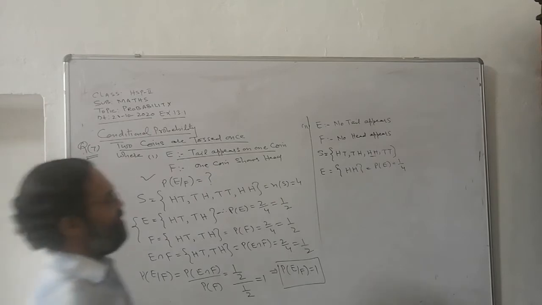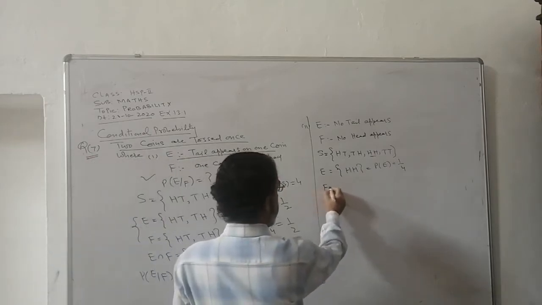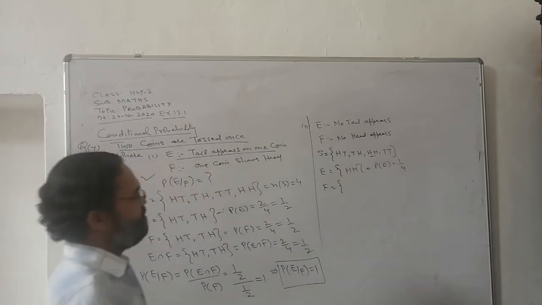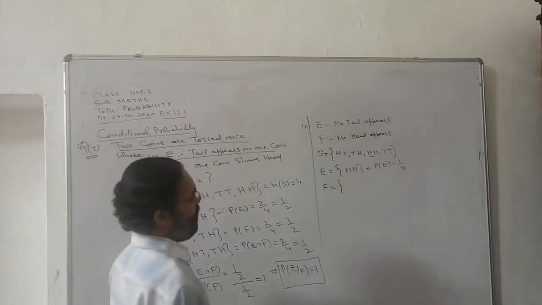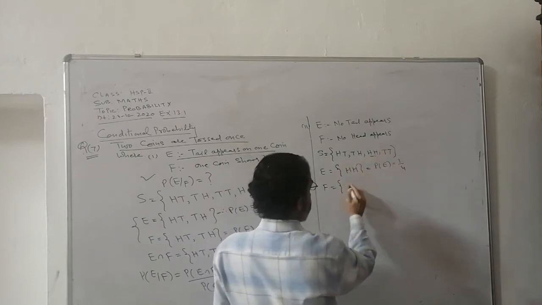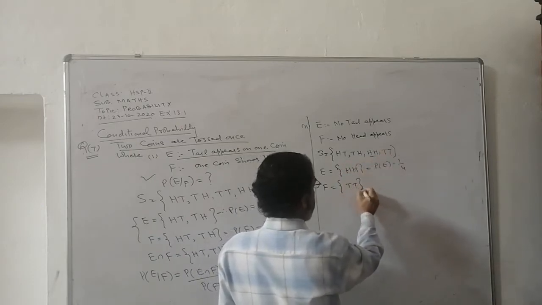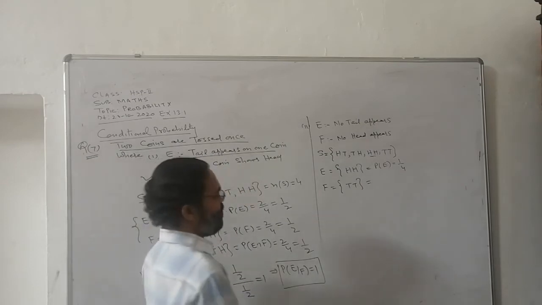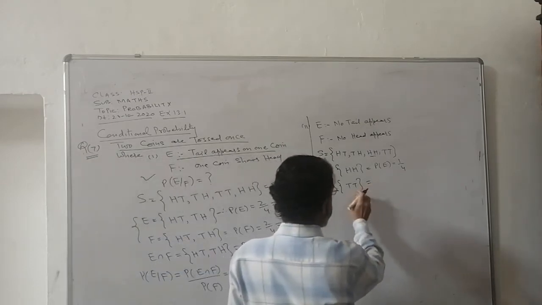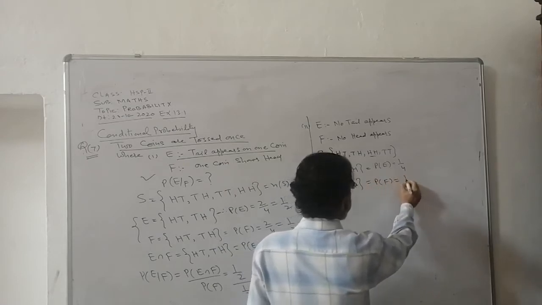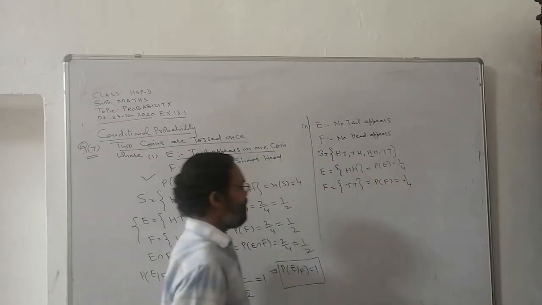Now event F says no head appears. So we have to take the point where no head appears. There is only one point, that is tail-tail, where no head appears. Again, this is one favorable point. Probability of F is 1 upon 4.